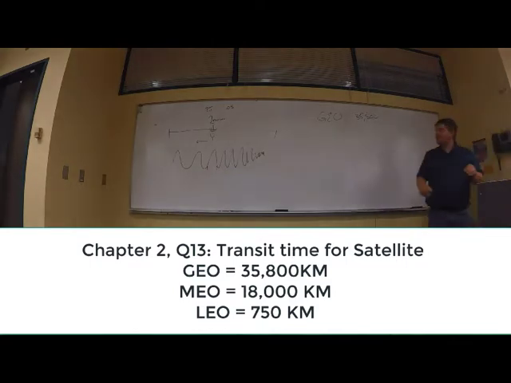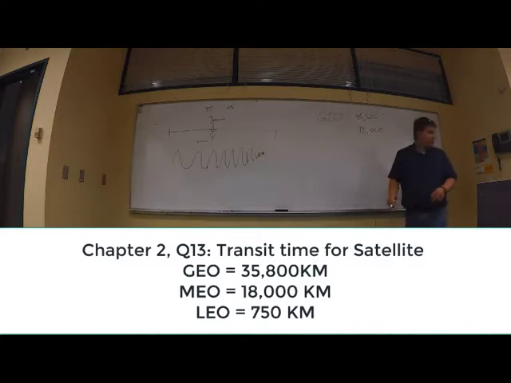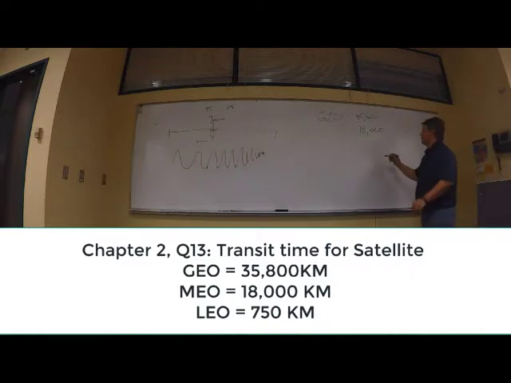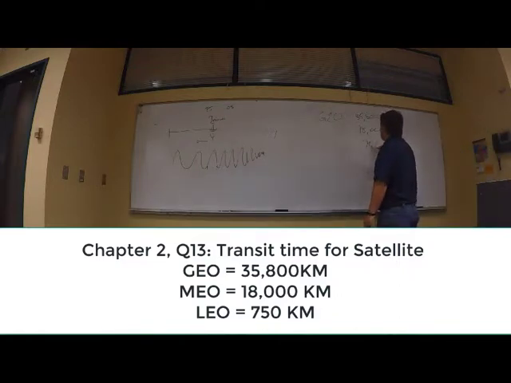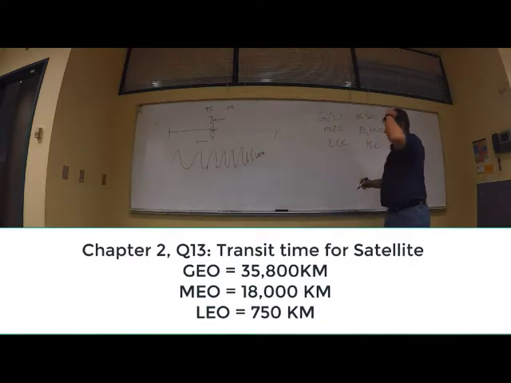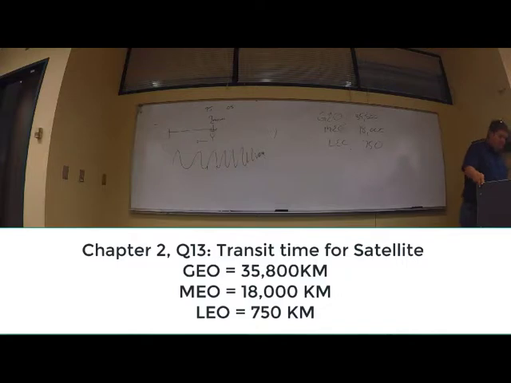MEO is 18,000. And low Earth is 750. And the question is end-to-end transit time, right?